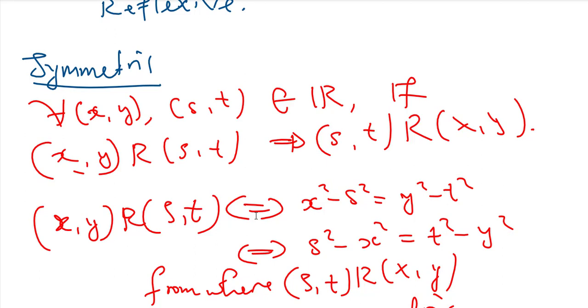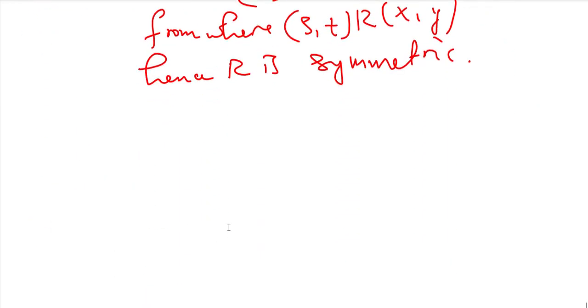If this is actually true, following the definition which was given to us, remember (x, y) in relation with (s, t) means x squared minus s squared equals y squared minus t squared. So if it is now the reverse, it means we are going to have s squared minus x squared equal to t squared minus y squared, and that is exactly what we have here. And so it tells us that the relation is symmetric.